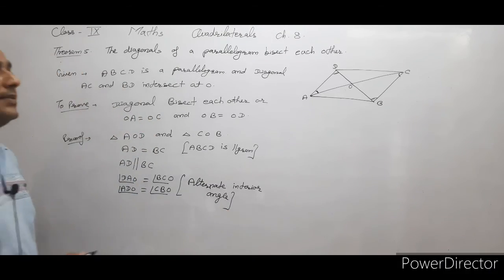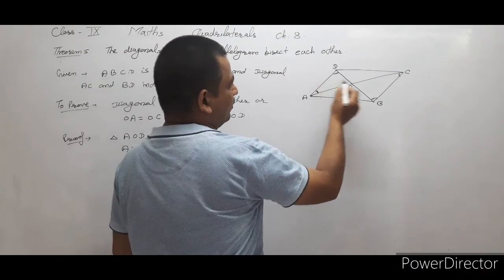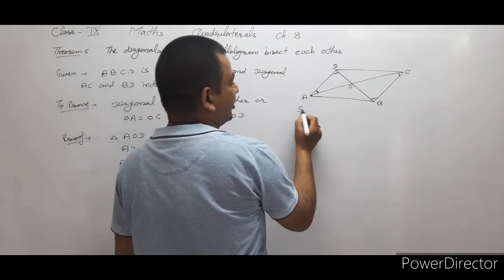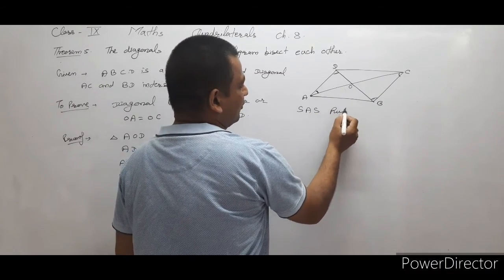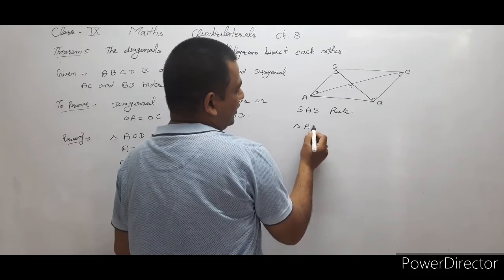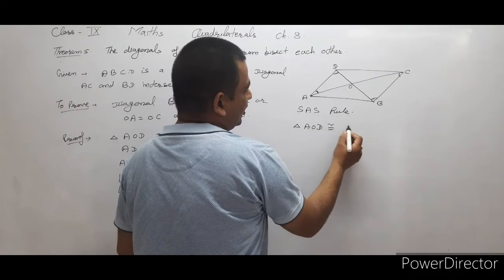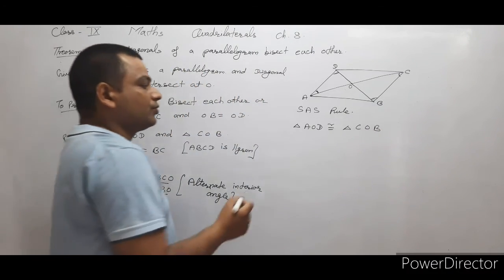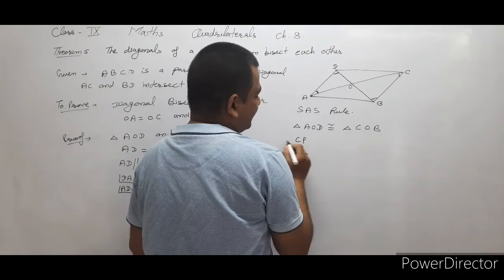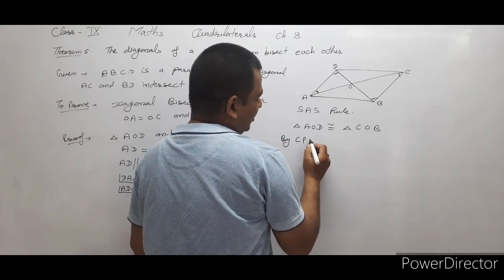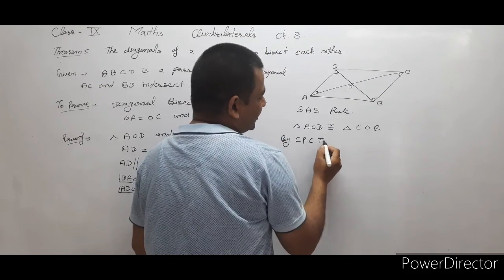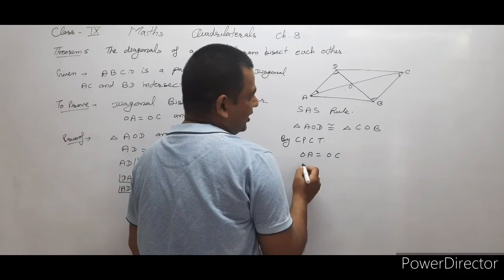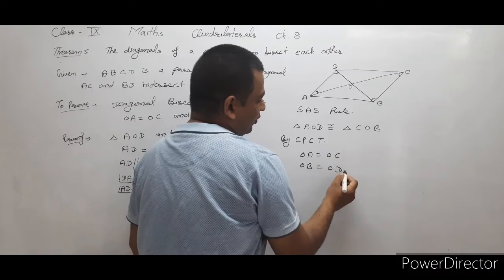If these angles are equal and the common side between these two angles is equal, then by SAS rule of congruency, triangle AOD is congruent to triangle COB, and if these two triangles are congruent, then by CPCT, corresponding parts of congruent triangles, we can say that OA is equal to OC and OB is equal to OD.